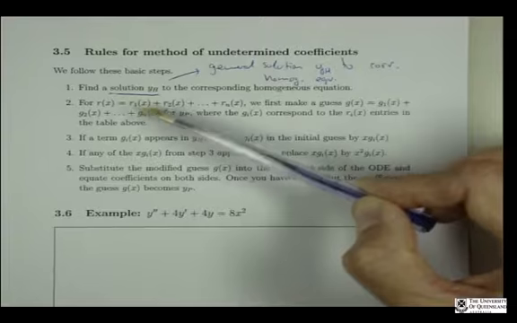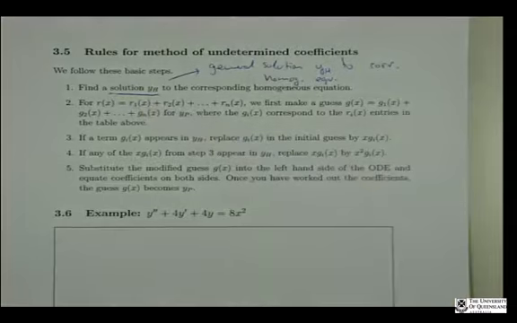We look at the first term, R1. It's a polynomial, so our guess for that term would be a polynomial of the same degree. We look at R2. It might be an exponential function. Then our guess for the particular solution that gives rise to that exponential term would be an exponential term itself, and so on.